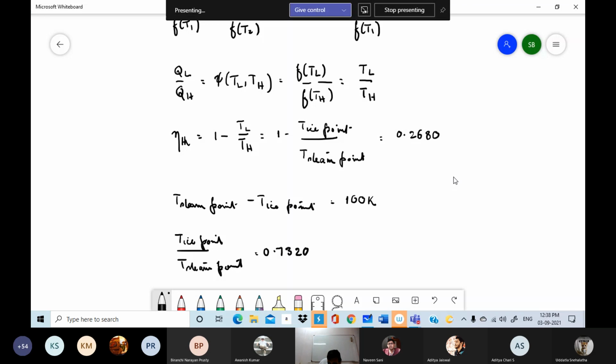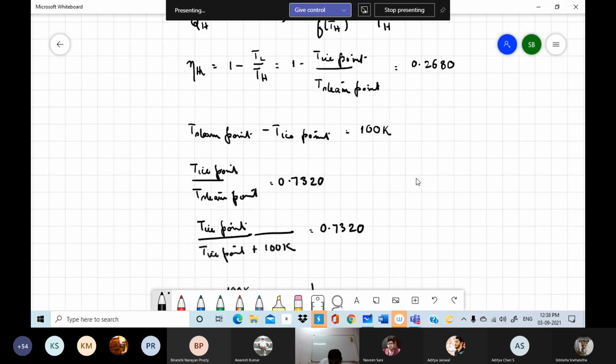So then people said, okay, let's try out different ways. Another way where you don't use expansion: let us use the fact that at constant volume, the pressure of an ideal gas is proportional to temperature.